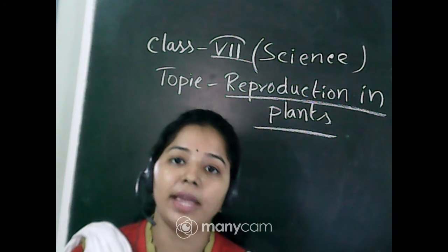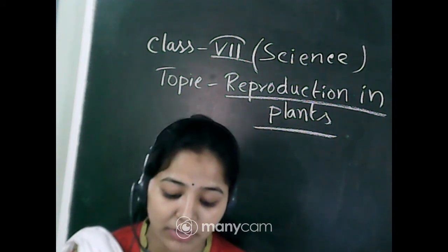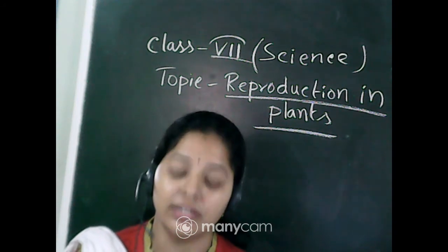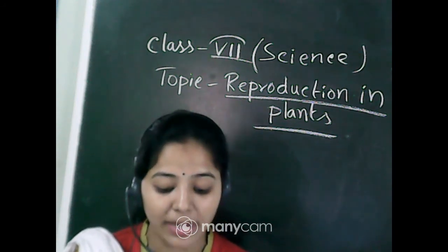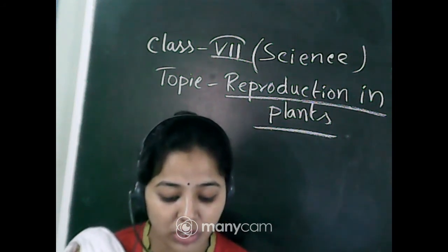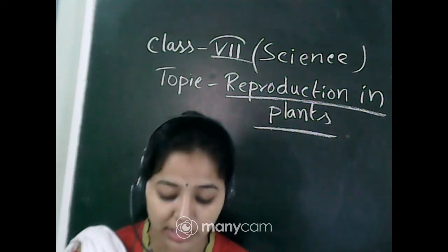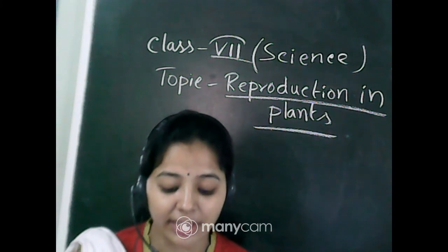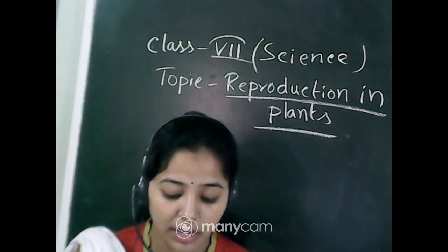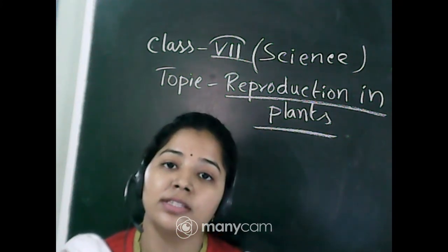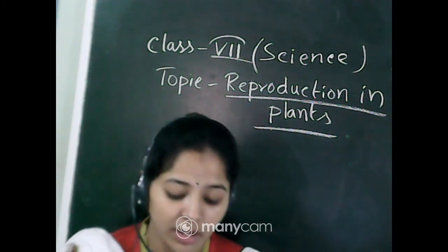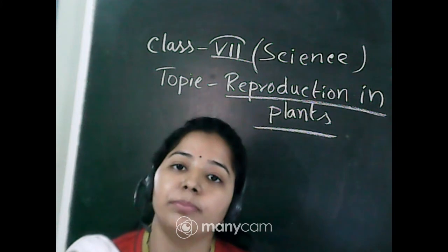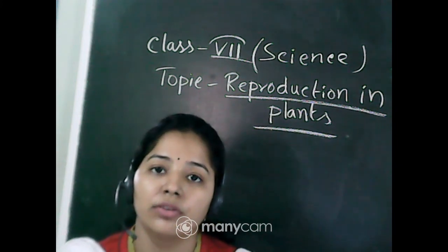Thus reproduction makes life continuous, which is not only essential for the survival of an organism, but also very necessary for perpetuation and preservation of the species. Why? Because it increases the number of members of the species day by day. So here I have discussed what reproduction is, in the introduction.